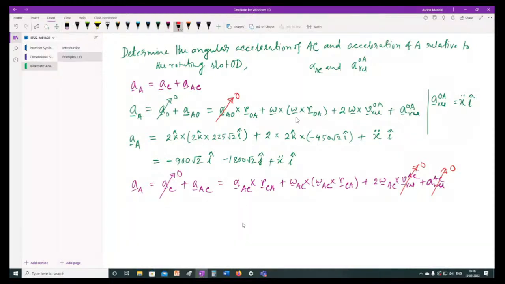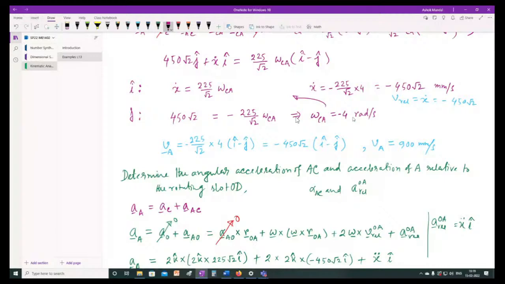Okay, so now A is equal to alpha AC, let us take its direction as K, multiplied with what is this RCA? If you remember, 225 by root 2 (minus I direction minus j direction). Plus omega AC is known to us.